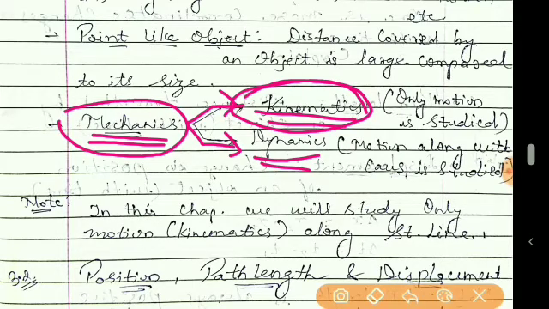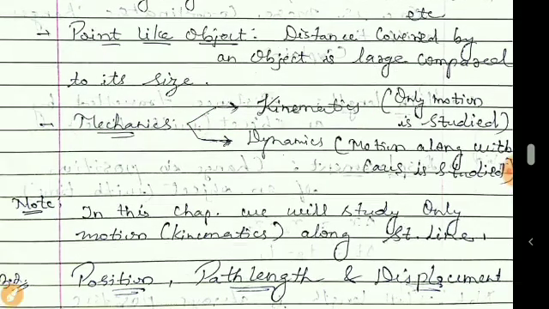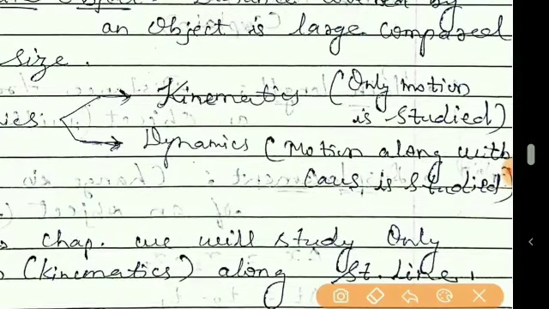Now, what is studied in this branch of physics? In kinematics, only motion is studied. The reason for motion is not studied. We know that if any object is moving, then there must be a force acting on it. There must be some reason for its motion.